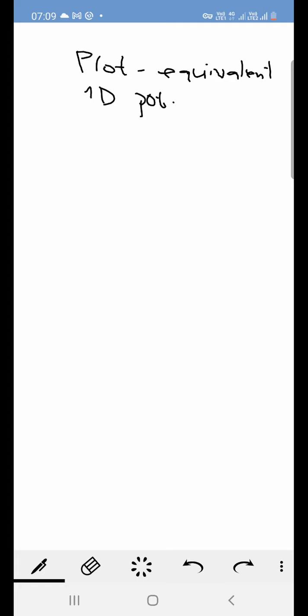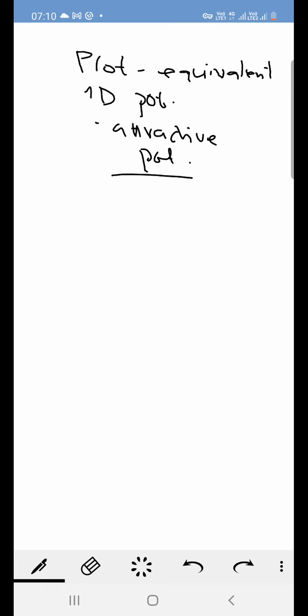If we plot the equivalent one-dimensional potential that we just derived, for an attractive potential, the plot will look like this.